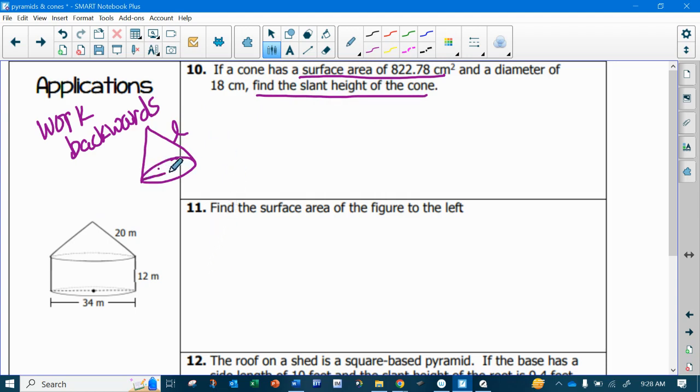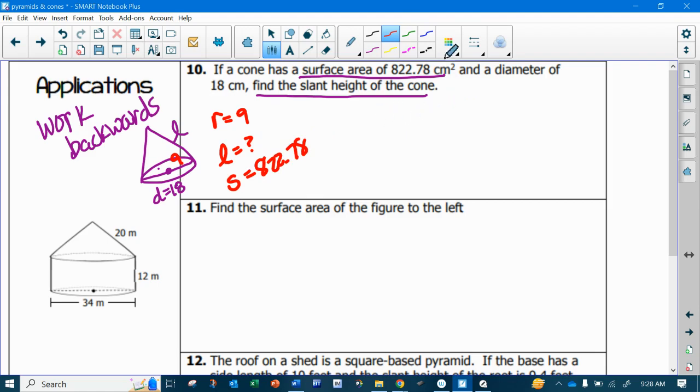I'm going to give you the diameter, which is 18. If my diameter is 18, then the radius has to be half of that, so my radius is 9. And we're looking for the slant height, but we know the surface area is 822.78. So these are the things that we need.